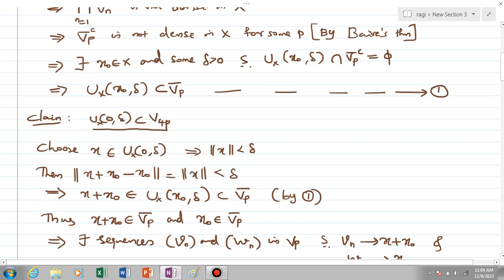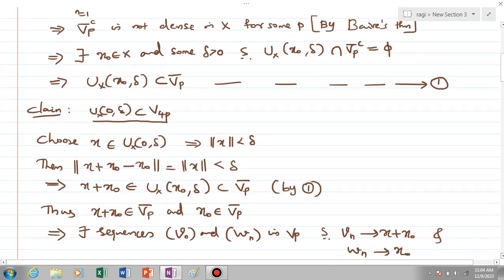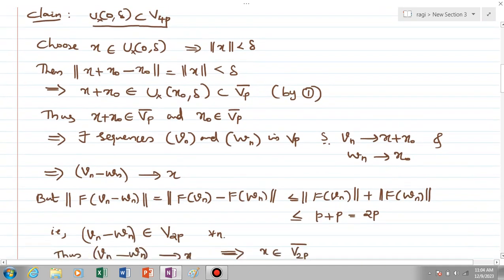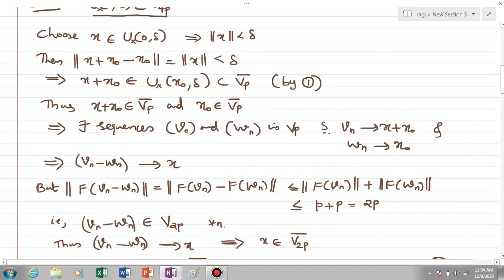Thus we have x plus x0 is an element of VP closure and x0 is also an element of VP closure. So we can say that there are sequences Vn and Wn in VP such that the first sequence Vn converges to x plus x0 and the second sequence Wn converges to x0.